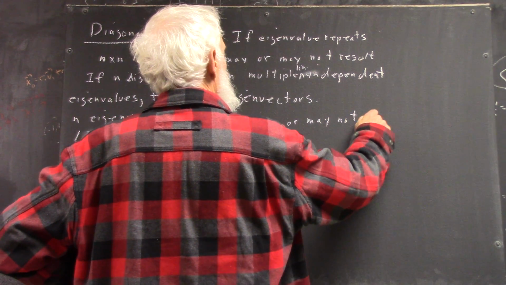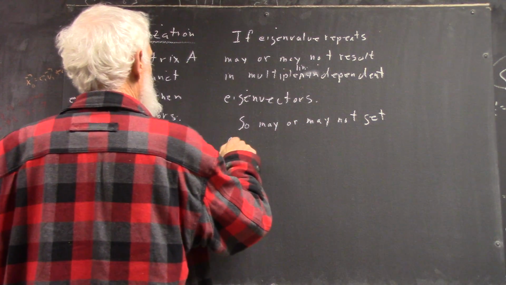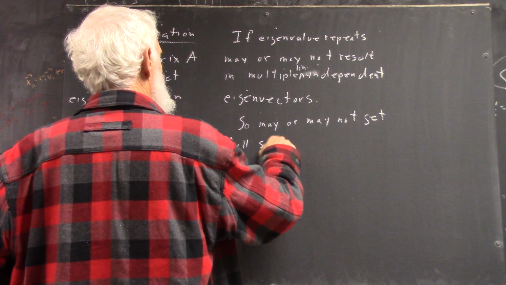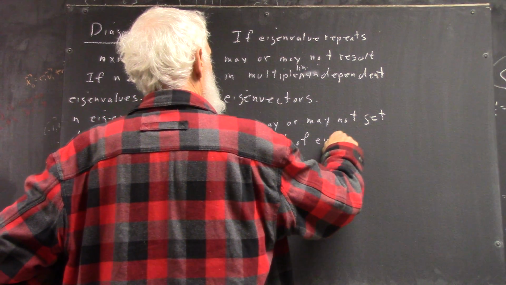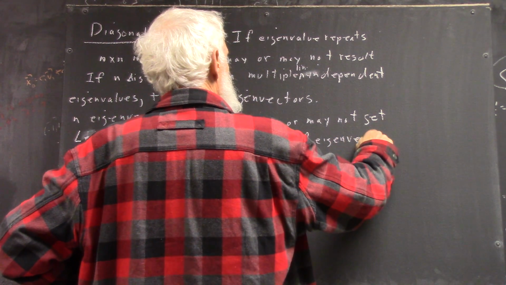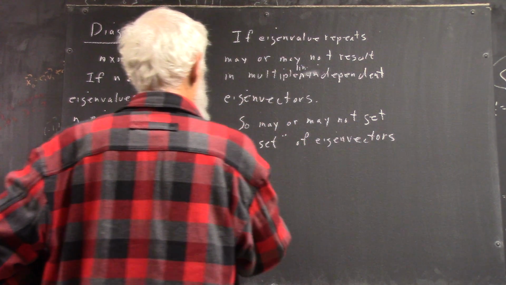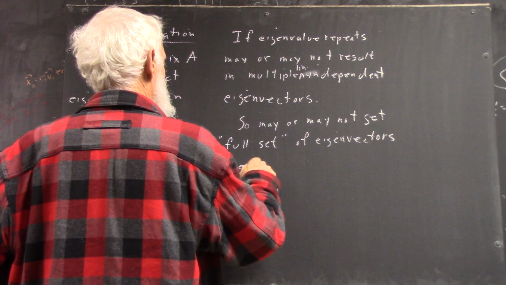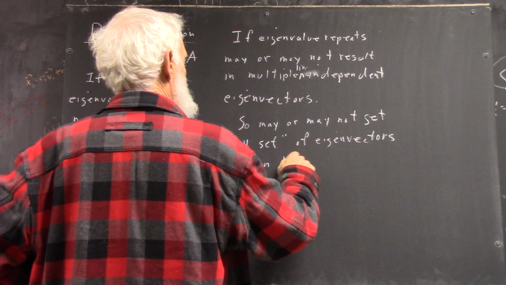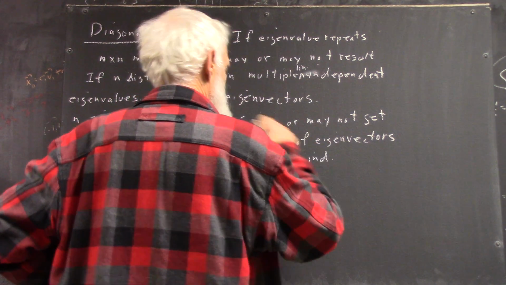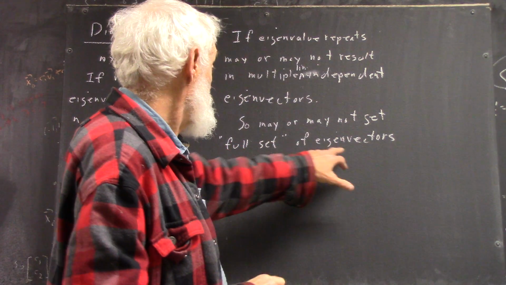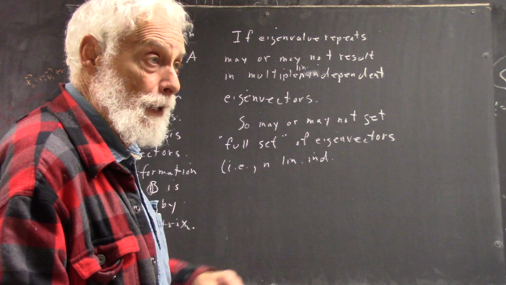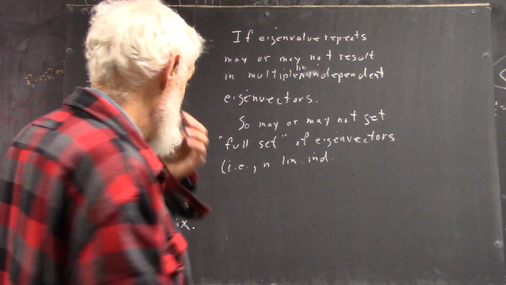So you may or may not get what we call a full set. We may or may not get a full set, i.e. we may or may not get n linearly independent eigenvectors.